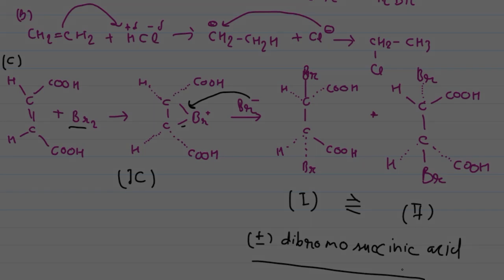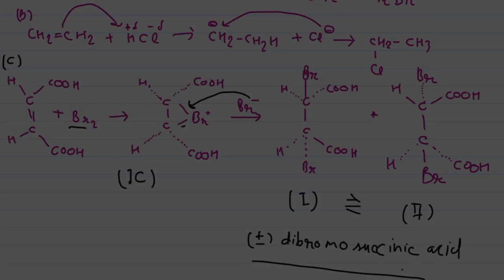The configuration of the resulting products indicates that trans addition has taken place with the fumarate ion, but cis addition with the maleate ion. These results are explained by assuming that the intermediate is the maleate bromonium ion.